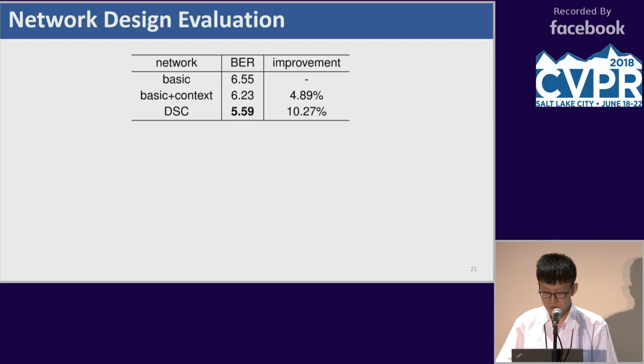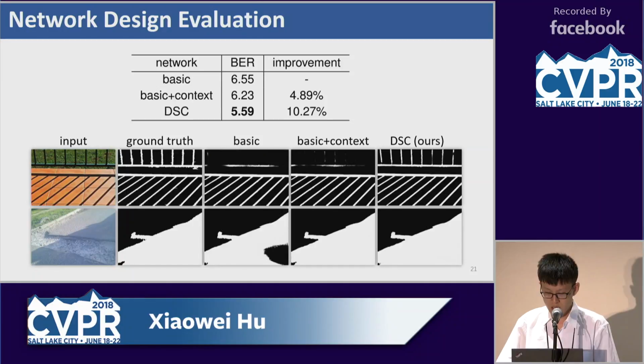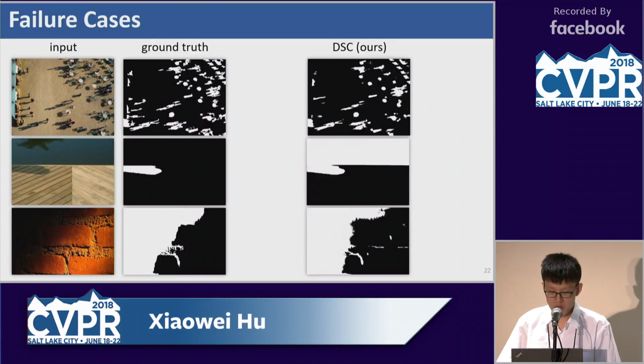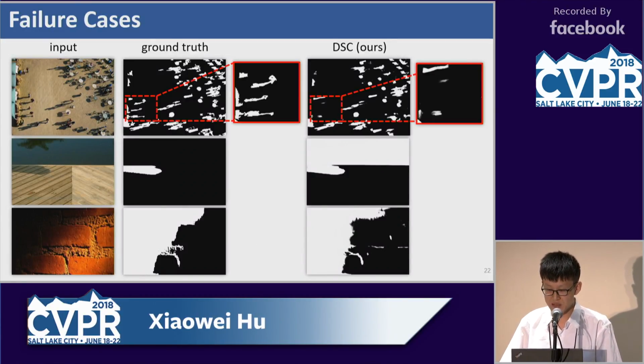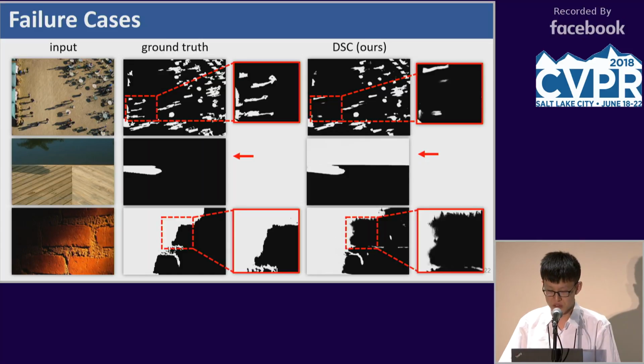We can see that considering the DSC features can lead to obvious improvement. And here are the visual comparison results. However, our method may fail in a case with many small shadows, a case with a large black region, and a case with soft shadows.